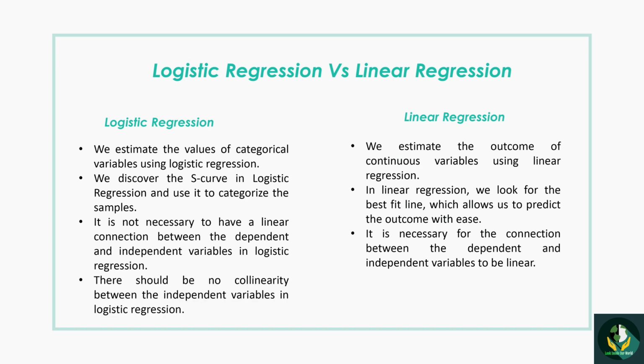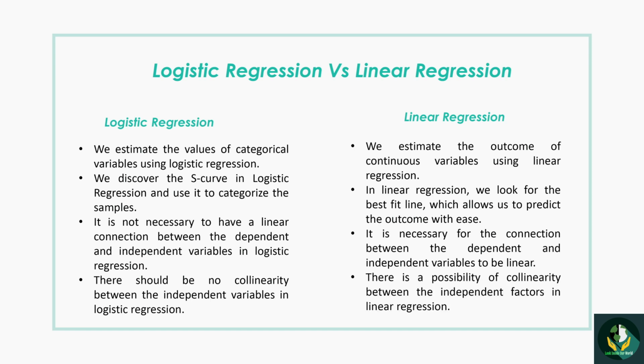Lastly, for logistic regression, there should be no collinearity between the independent variables. While for linear regression, there is a possibility of collinearity between the independent factors. One similarity in both of them is that they both can be used for regression, while logistic regression can also be used for classification, as we saw in this section.